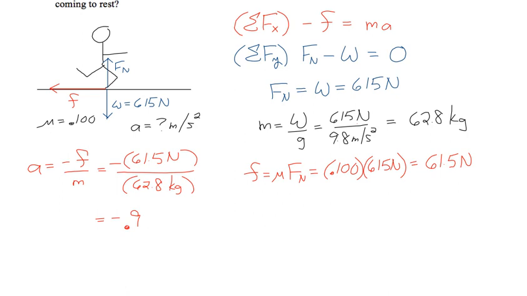What is it? 0.979 meters per second squared. Again, you're taking a kilogram meter per second squared, which is what a newton is, divided by a kilogram, and you're left with meters per second squared. So that is the answer for part A.